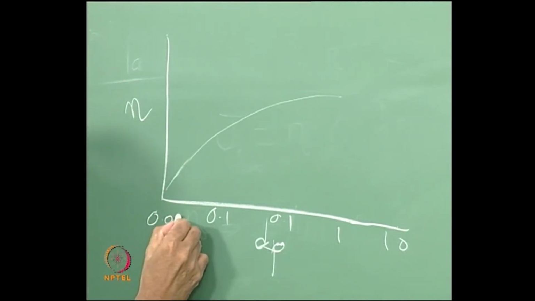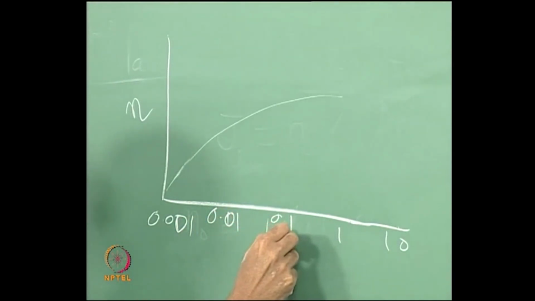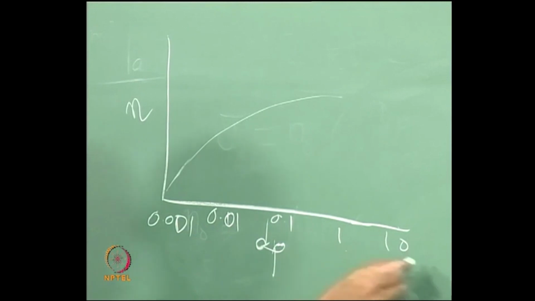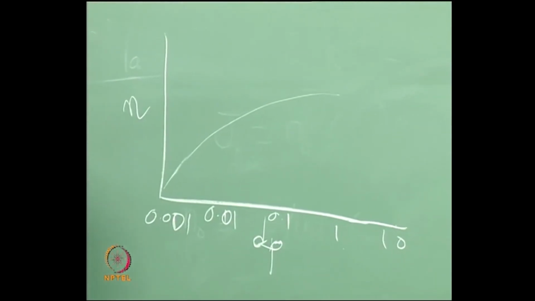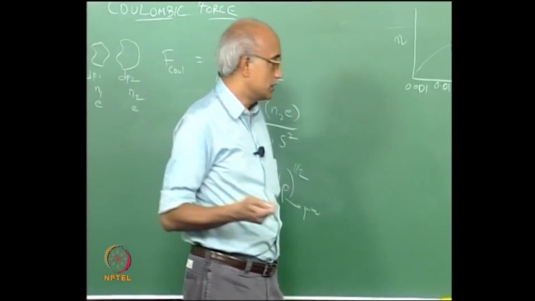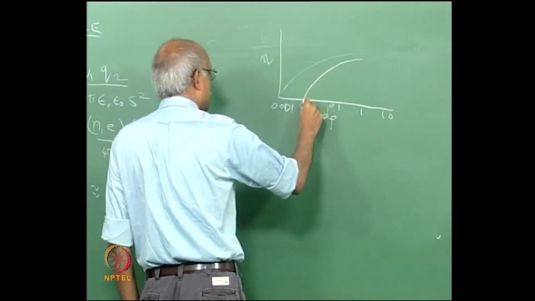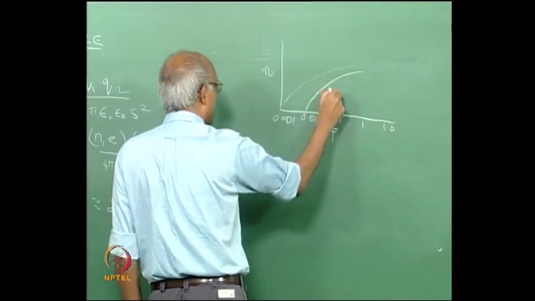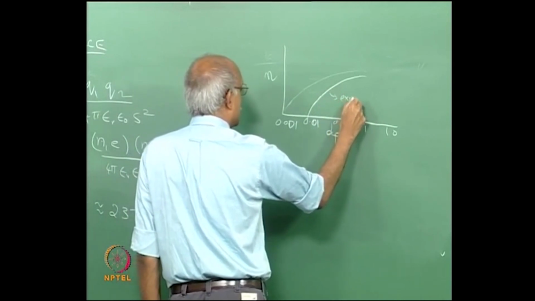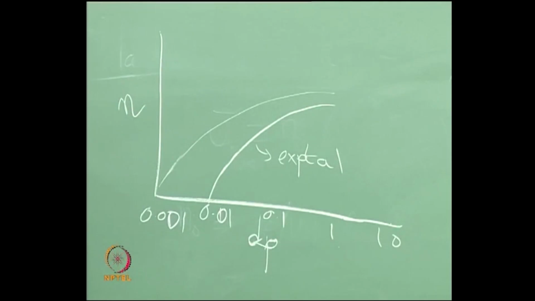Actually, according to this curve, this should be 0.001, 0.01, 0.1 and so on. If you actually measure charges on particles, it turns out that this slope is much steeper. It actually drops to virtually 0 by the time you get to 10 nanometers in size.